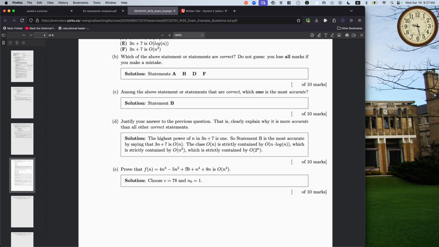The question itself will be designed carefully. In this particular case, if you choose 4 minus 5 plus 59 plus 1 plus 9, it's going to give you 68. That'll be the smallest one because the upper bound will still be valid starting from n0 equals 1. So if the question asks for the smallest C value, that'll be 68.